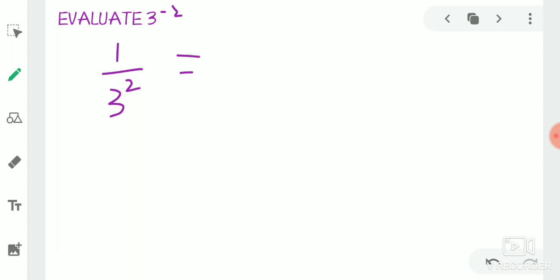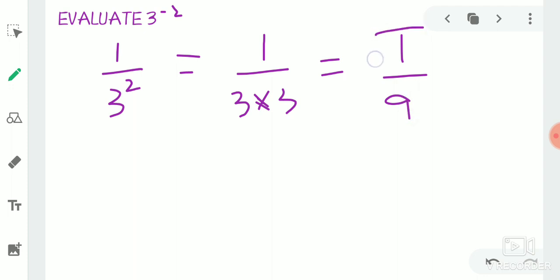Or I can write it as 1 divided by 3 multiplied by 3, twice multiplication of 3. Or 1 by 3 3s are 9. That is the answer of 3 raised to power minus 2. Let's take some more examples.